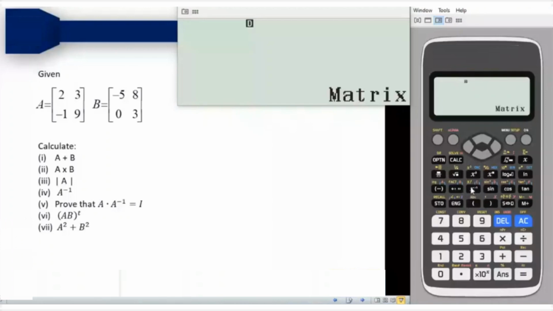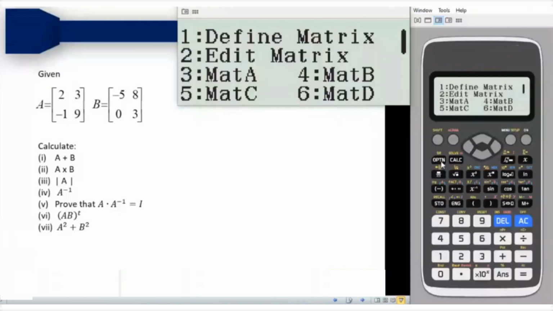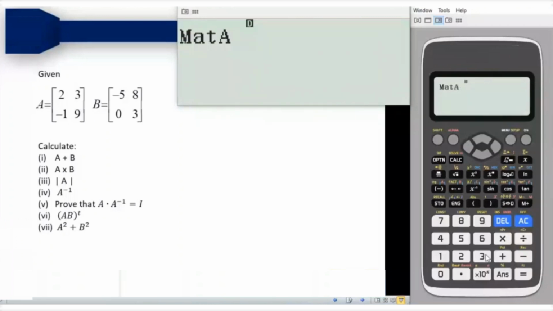So when I have to find matrix A inverse, I have to press option. I have to press 3. So option 3 is matrix A. Then I will press the inverse button, which is the button where my cursor is.